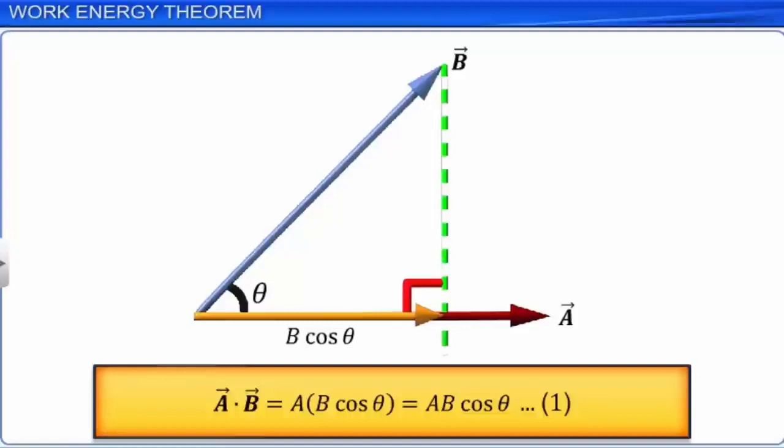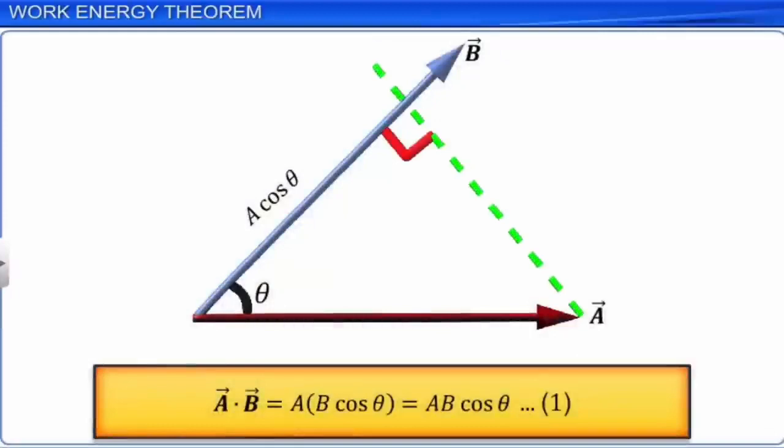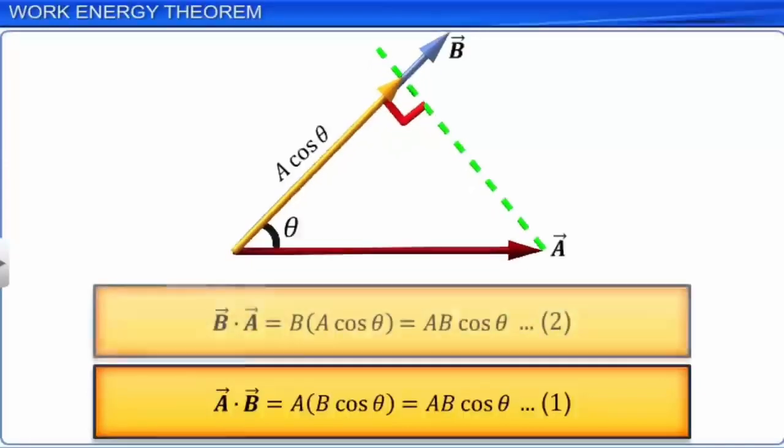Let this be equation 1. Similarly, we see that A cos theta is the projection of vector A on vector B. So, the dot product of vectors A and B can be written as B into A cos theta, which is equal to AB cos theta.